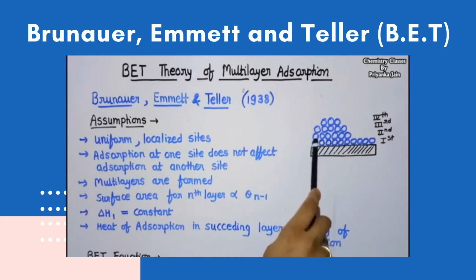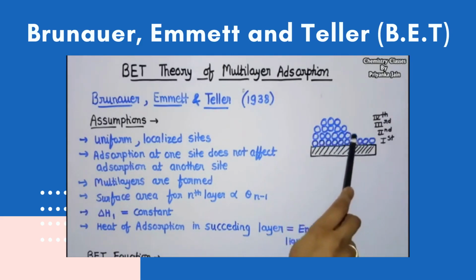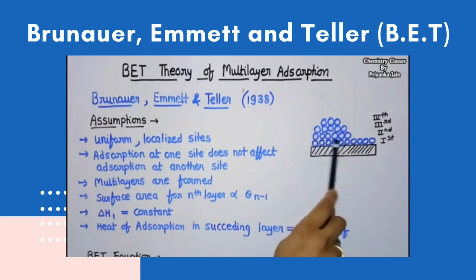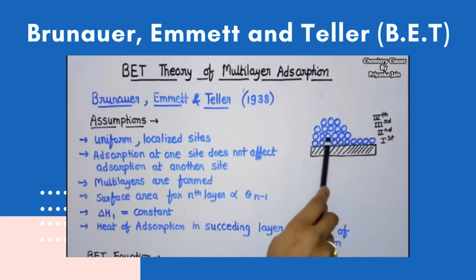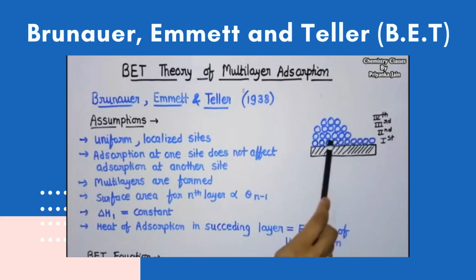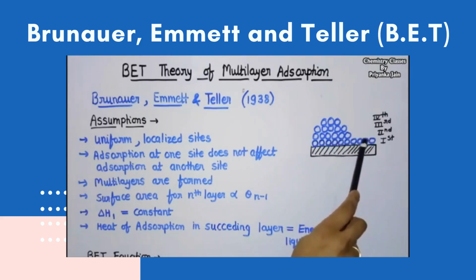So here we can see that for the first layer, the adsorption depends upon the surface area of the solid that is vacant. But for the second layer, it does not depend on the surface of the solid, because these are being adsorbed on the surface of the molecules of the gas. It means these are sitting on these molecules. So this will depend upon the vacant surface area on the first layer.